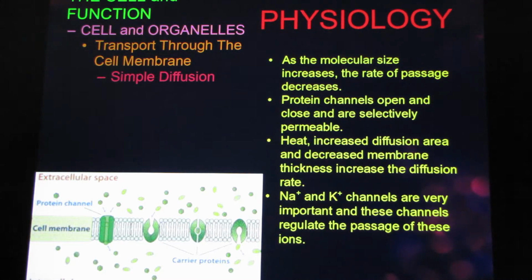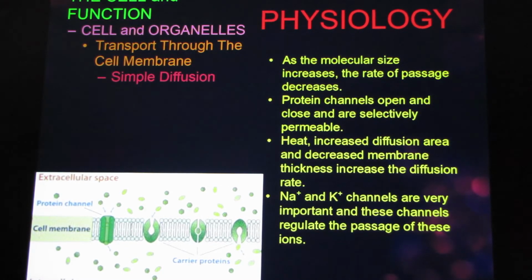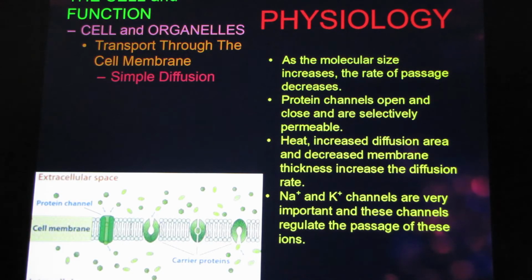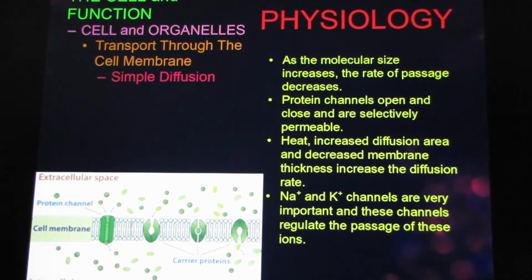So the sodium and the potassium channels are very important in a cell's life, especially the muscle cells that are to contract and cardiac cells which need contraction continuously. These channels regulate the passage of these ions.